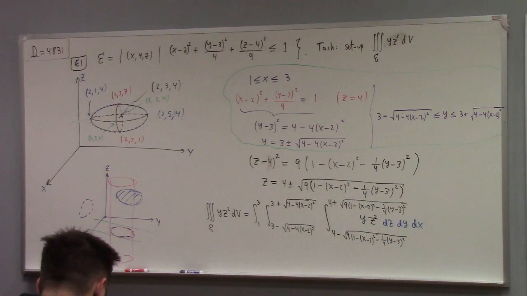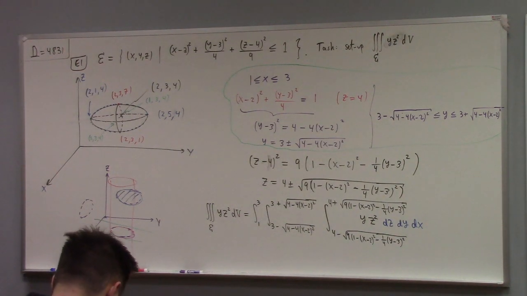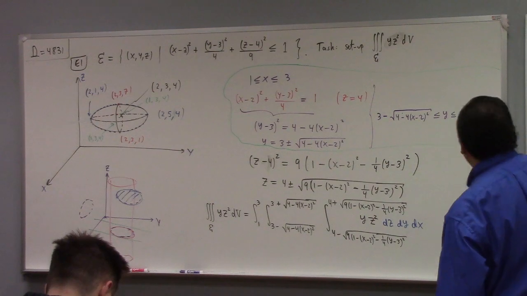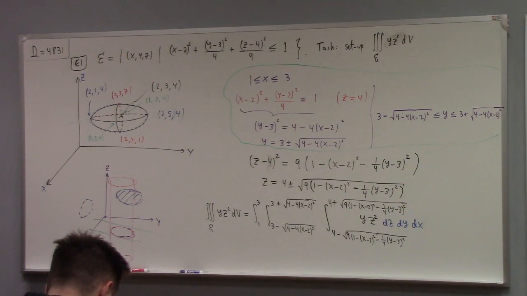So I need to figure out what that is, and that is what comes from setting x equal to what I just said. I can't remember. x equals 2 gives me that one. x equals 2 gives me the projection, the shadow.